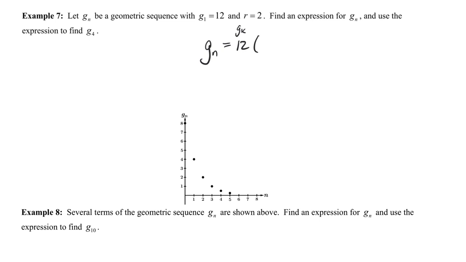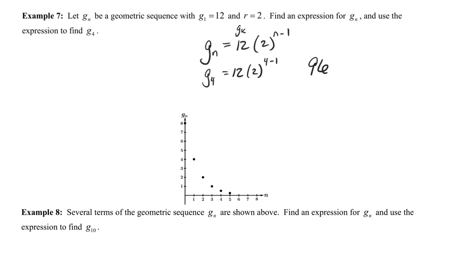I know what the r is, so I'm going to times 2 raised to the n minus k, and in this case, k was 1, so there is my formula, and they want me to find the fourth one. So I'm going to do g sub 4 equals 12 times 2, and I know the 4 is going to go here, minus 1, so that's a 3. 2 to the third is 8. 8 times 12 is 96.